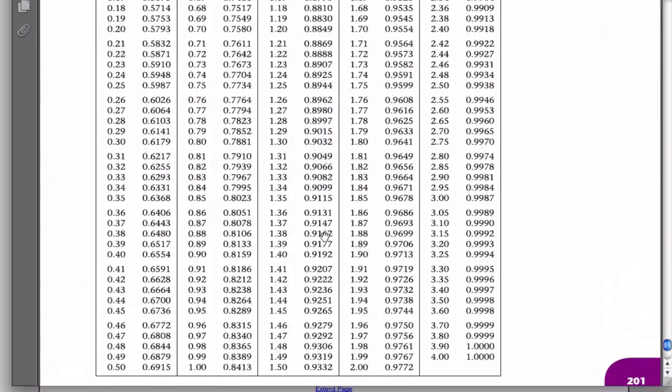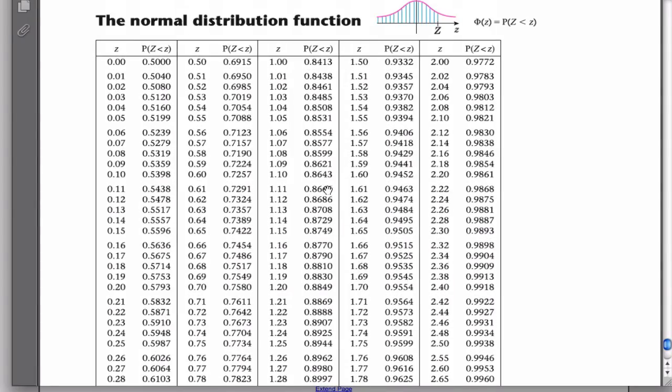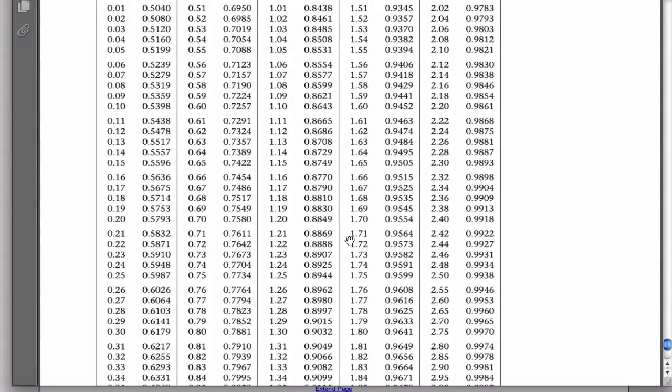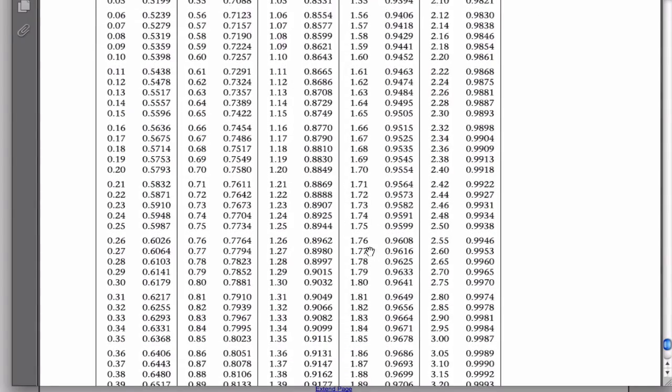So let's go back to our normal distribution table. Can I find 0.9 as a probability to the right, or to the left should I say? Well, looking at the probabilities here, we've got 0.8997 and 0.9015. Both of them are quite close to 0.9 but not exact.